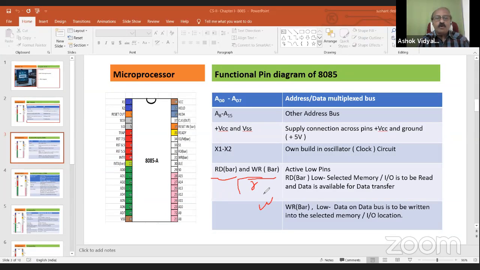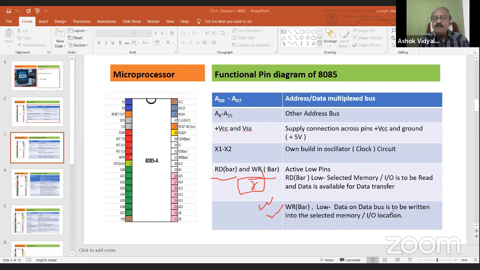When we want to read the data, then the memory location will be selected and the memory location will fetch the data onto the data bus. And when write is done, then whatever is to be written is on the data bus.